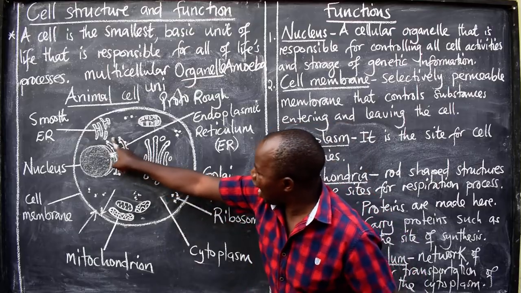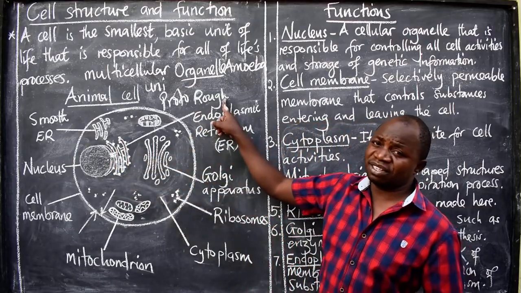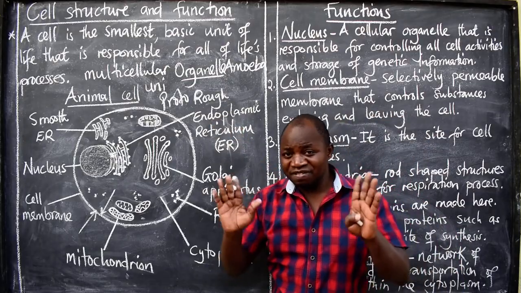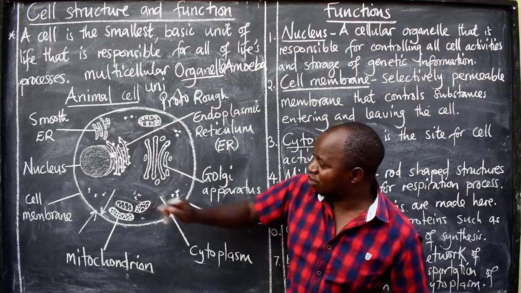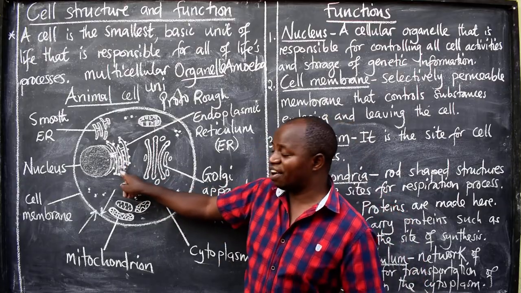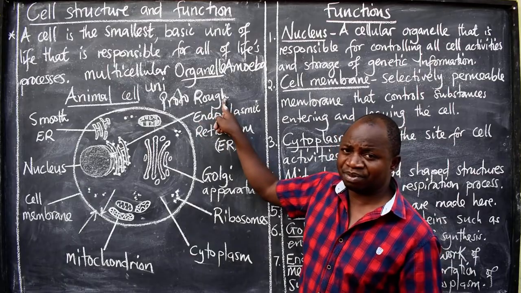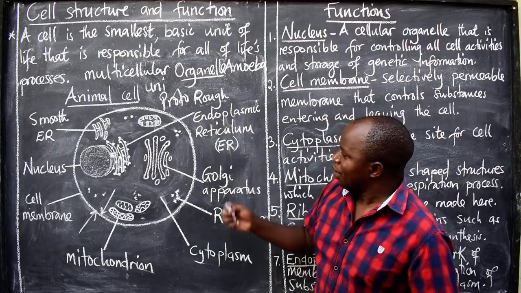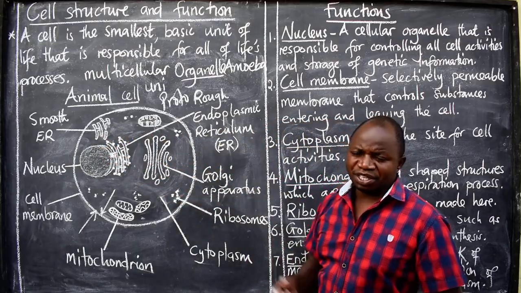Those that have the ribosomes, we call the rough ones. So you need to observe if given a question in the exam of that kind. The ER that has ribosomes, make sure that you name it rough.